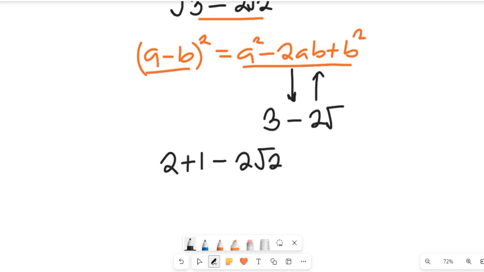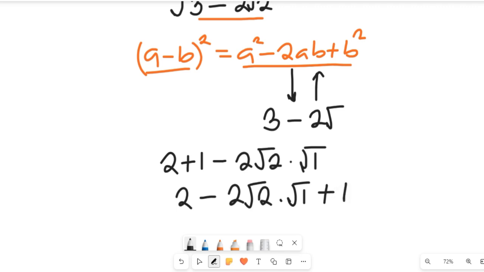And 2 root 2 can also be multiplied by root 1, because root 1 is still 1, and 2 root 2 multiplied by 1 will still give us 2 root 2. So this will give us 2 minus 2 root 2 multiplied by root 1, and this will be plus 1.